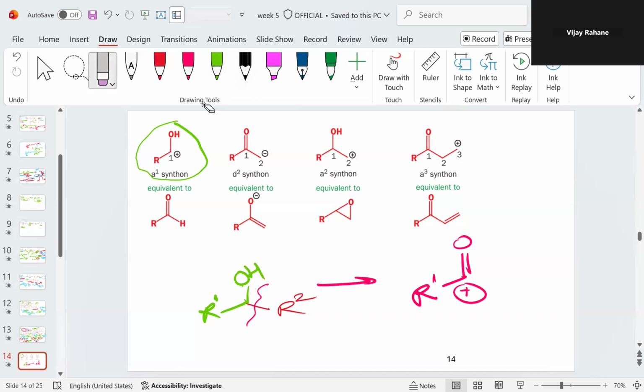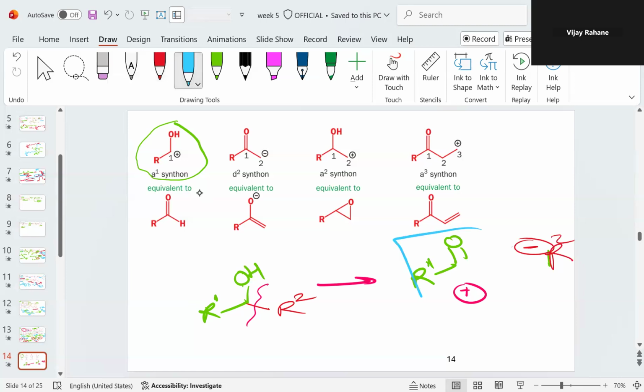And here also I just draw this, let's say the synthon, positive, plus this red one will be the R2 negative, and these are the synthons, right?